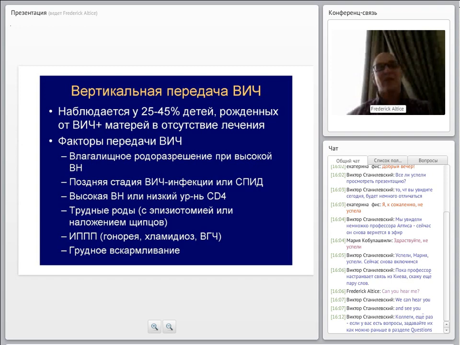If the labor is difficult, in other words, she has premature rupture of membranes, or the baby sits in the vaginal canal for a much longer period of time and is exposed to infected blood, that increases the likelihood of transmission to the baby. And then also, if she has a concomitant sexually transmitted infection such as gonorrhea, herpes, chlamydia, that will increase the likelihood of transmission.